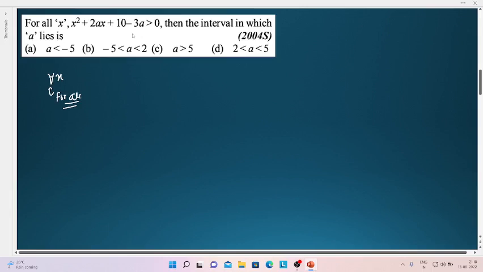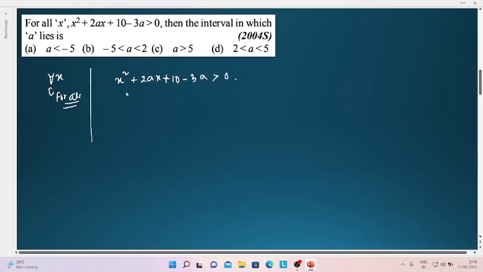So we have to find the interval for which this quadratic expression would be greater than 0, right? Here are some options given to you. Let me first write down the quadratic expression, which is x square plus 2ax plus 10 minus 3a, which is greater than 0.